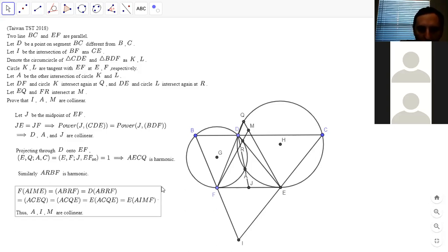AIME, it's A, B, R, F. Because EF is tangent, and then ABRF, we can project that through D, and we get ACEQ.